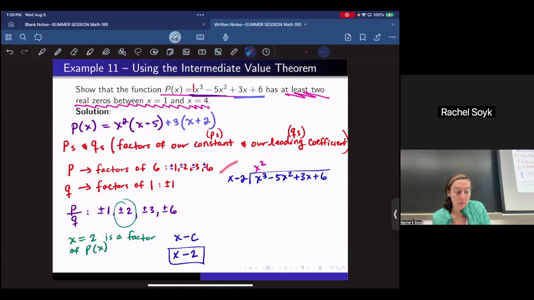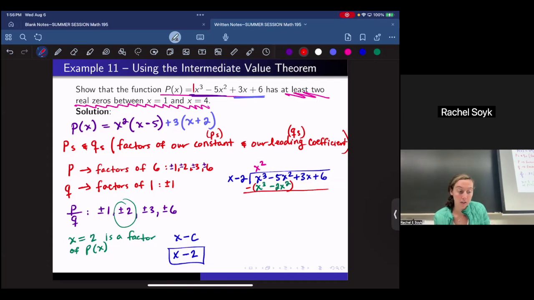Now what we do is we take the product of this and then we subtract it from our polynomial. So we have x squared times x gives you that x third, which will end up canceling out. And then negative 2 times x squared gives you negative 2x squared. So this is what you're subtracting.